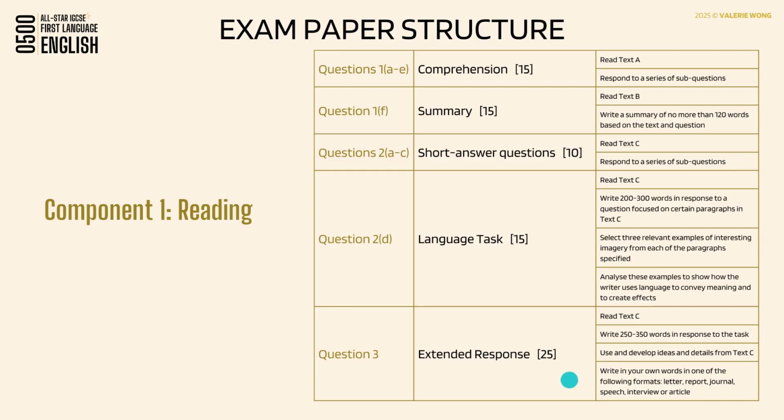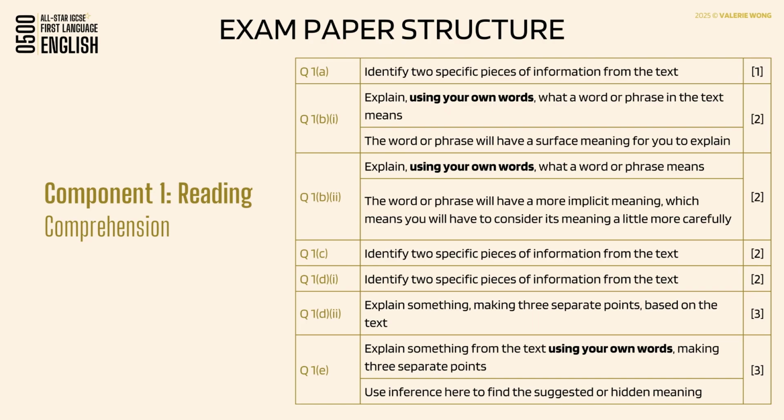For extended response, you also have to reread text C and highlight some key points and write 250 to 350 words in response to the task to use and develop ideas and details from text C and write in a format given. Now we also have comprehension here.